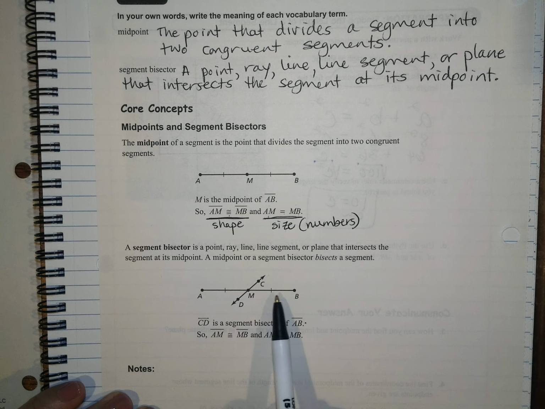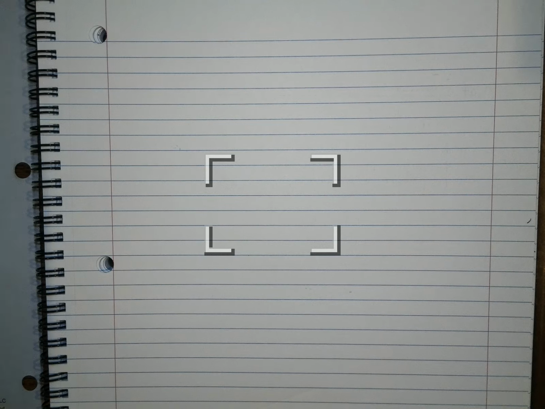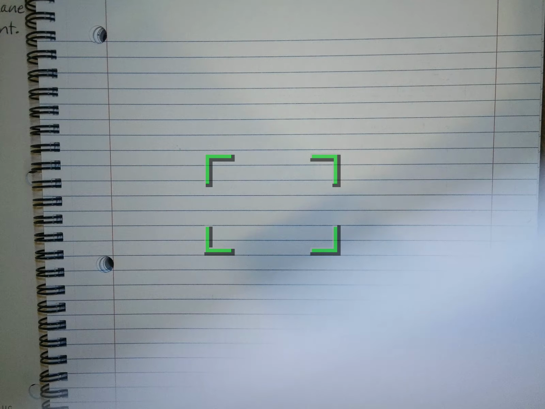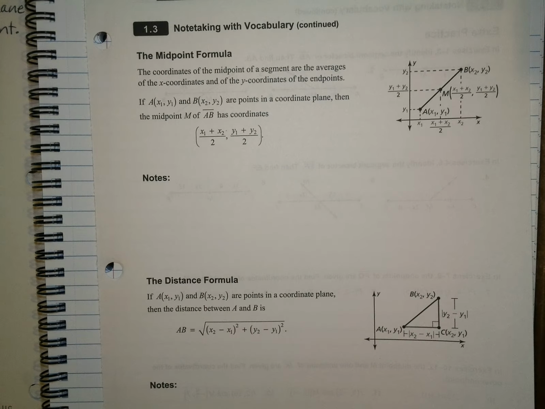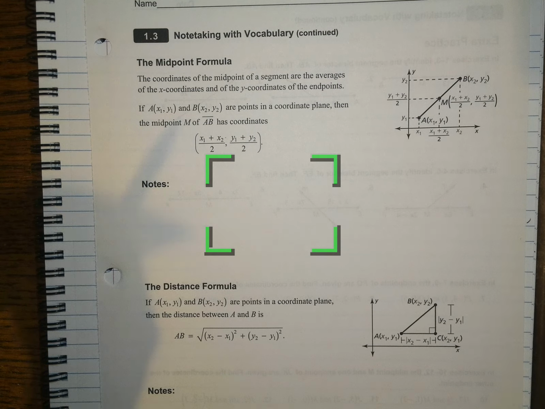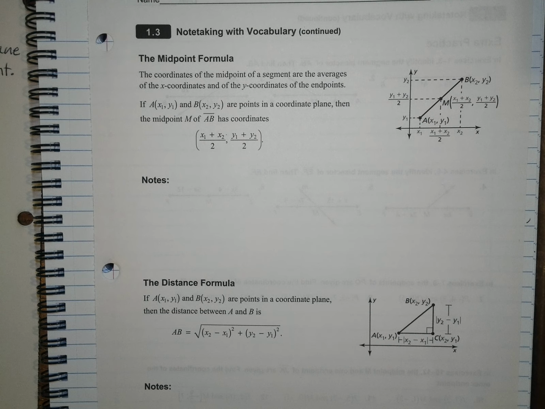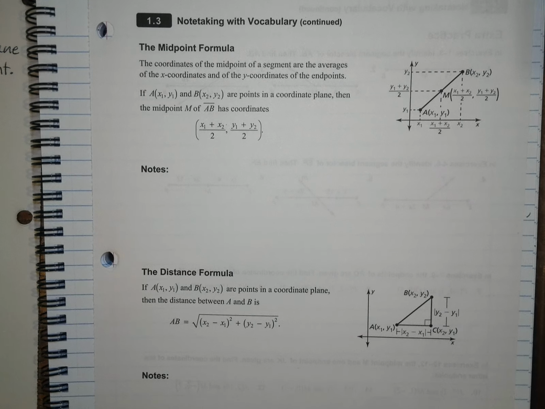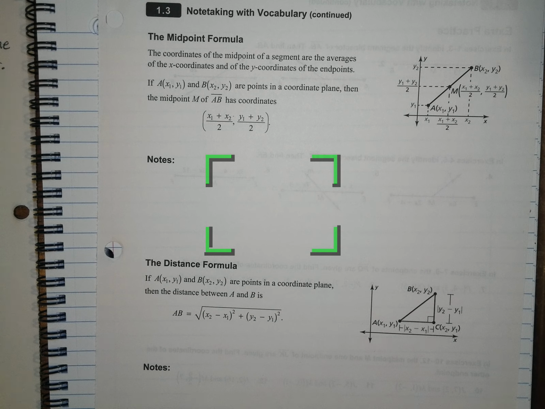We use these little hash marks to make that visually apparent. So if we take those two segments, we're going to go on to the midpoint formula because we don't have to count every time.